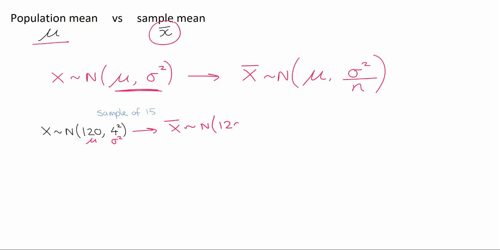We'd still have 120, and now it would be 4 squared divided by 15, because there's 15 things which we don't know. Could be capybaras, could be tennis rackets, this 15 could be whatever we want it to be. So if we work this out, we have our new variance to be 16 divided by 15.